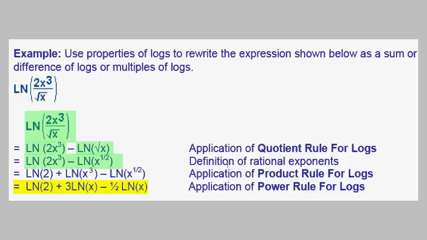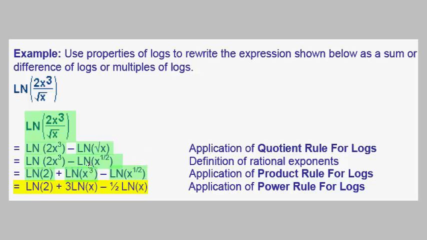The next thing we're going to do is apply the product rule to that first log, the log of 2x cubed. We have a property that says the log of u times v equals the log of u plus the log of v. So here we have the log of 2 times x cubed. We can write that as the natural log of 2 plus the natural log of x cubed. And we still have that minus natural log of x to the 1/2 power. Now we can apply the exponent rule on the latter two logs.